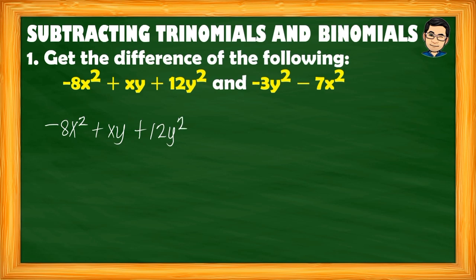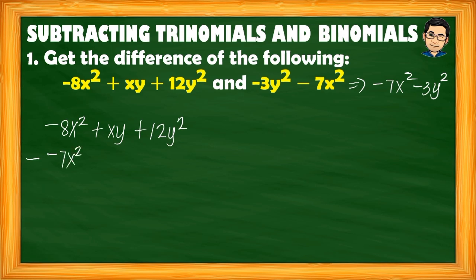And then, subtraction muna. Pakita natin kung paano change ng sign yung subtrahend. And then, negative 3y squared minus 7x squared should be written as negative 7x squared minus 3y squared. Kailangan po naka-standard form. So, sulat lang natin dito, negative 7x squared.